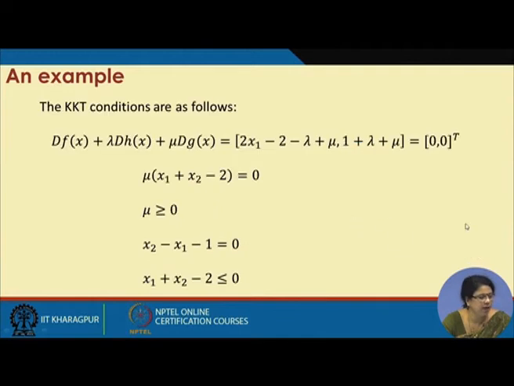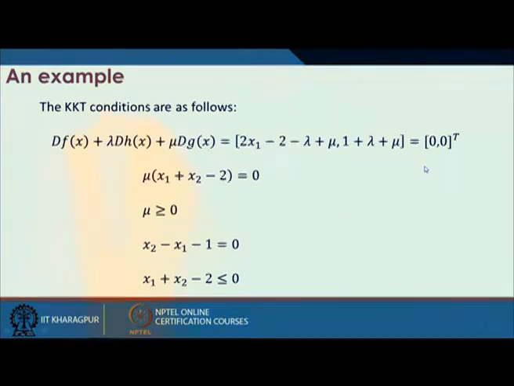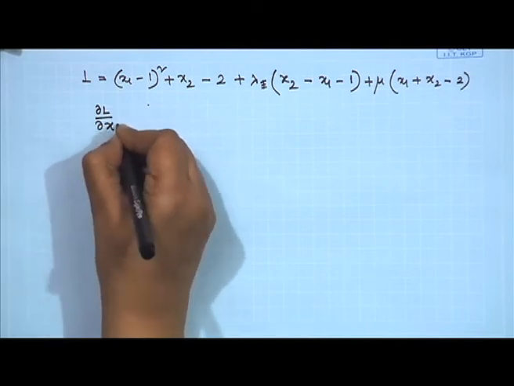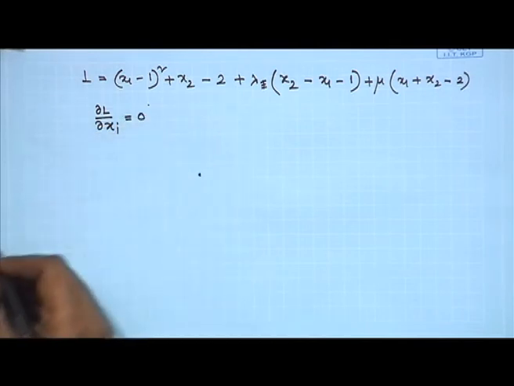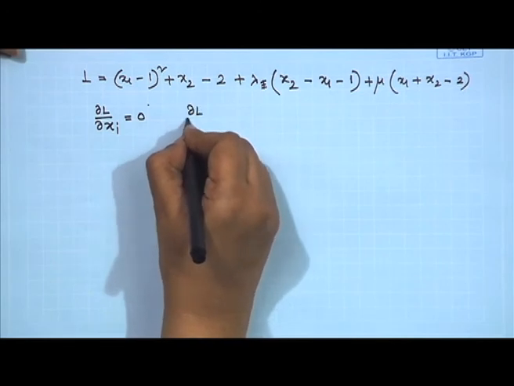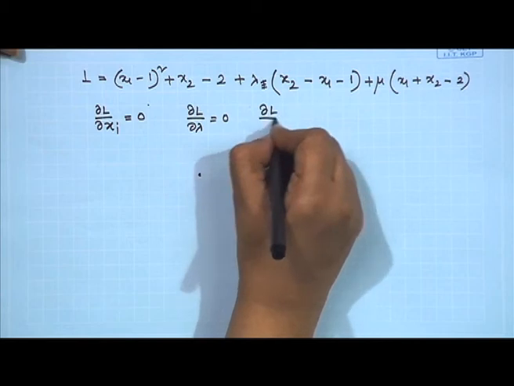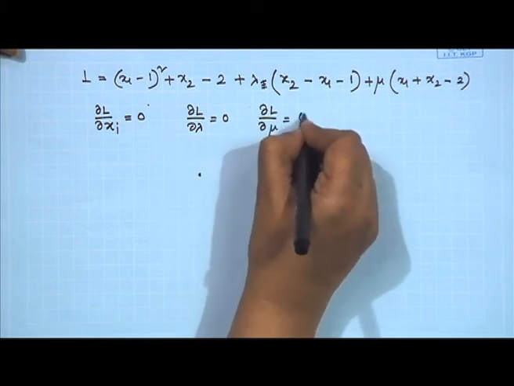Now, if we consider the KKT conditions, then we will get a set of KKT conditions. This is the optimality condition. We get it through del L by del x1 equal to 0, del L by del x2 equal to 0, del L by del lambda equal to 0, and del L by del mu equal to 0.